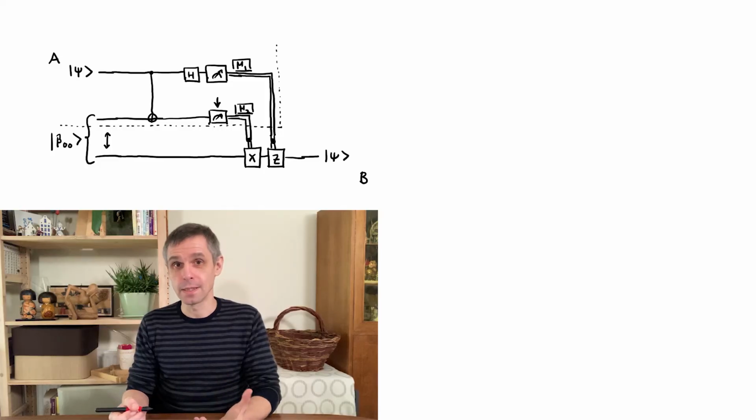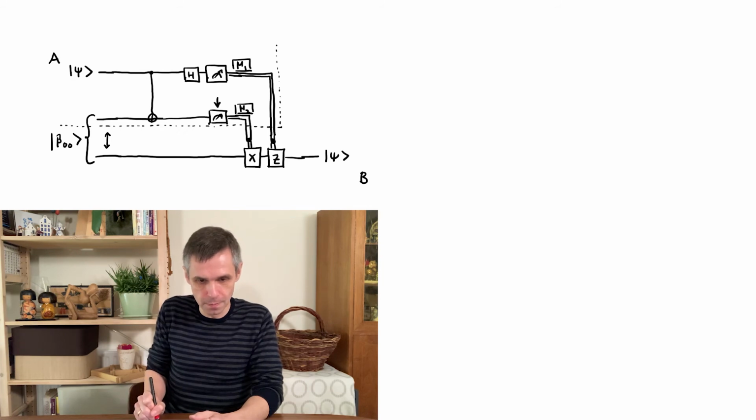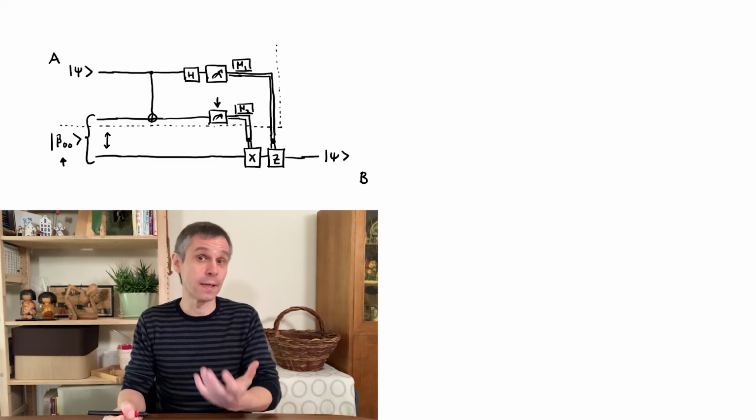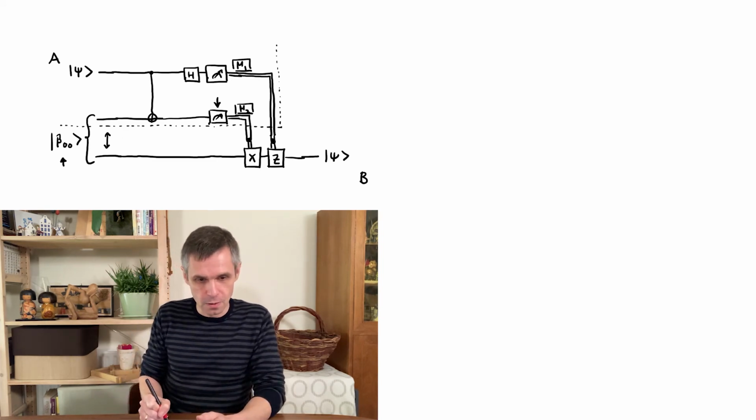Secondly, in this realization of the quantum teleportation circuit, we made use of the specific Bell pair beta 00 here. And it is indeed instructive to see what happens when we make use of any of the other Bell pairs. So for instance, what happens when we start out from the Bell pair beta 01? Well, this is related to beta 00 by applying a Pauli X gate, a NOT gate, to any of the two quantum bits.